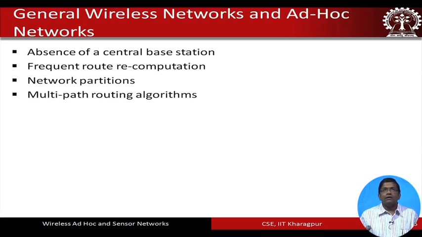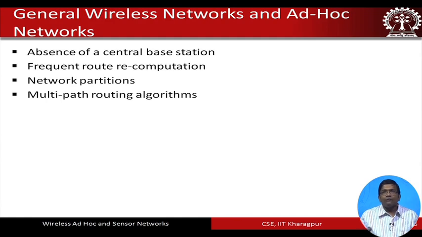Now, when we look at wireless networks and ad hoc wireless networks more specifically, ad hoc networks, unlike other wireless networks, do not have a central base station. There is frequent route recomputation because of the mobility of the nodes. The topology of the network changes over time, sometimes quite fast, and that leads to frequent route recomputations at the network layer.